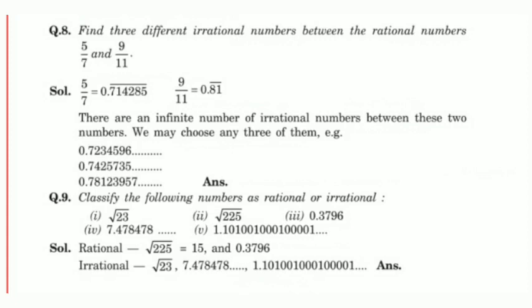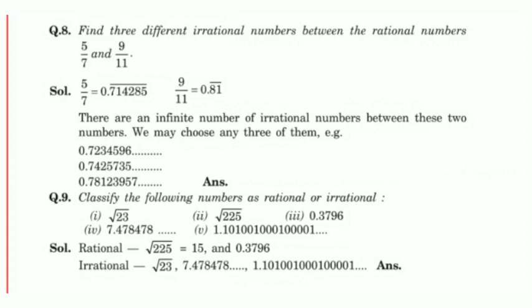Earlier, 5 by 7 gives 0.714285 bar. So from 0.71 to 0.81 you can write any numbers. For example, here they have given the answer. Those are 3 irrational numbers between the given rational numbers.